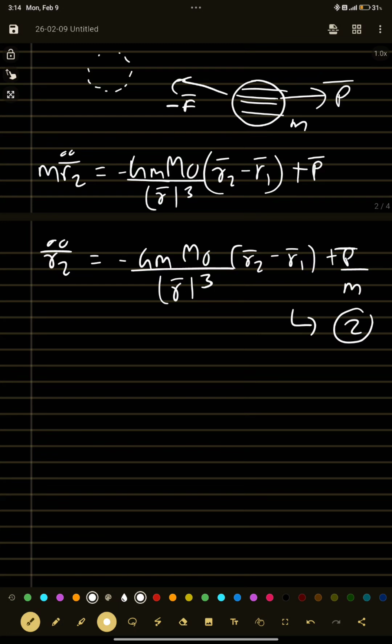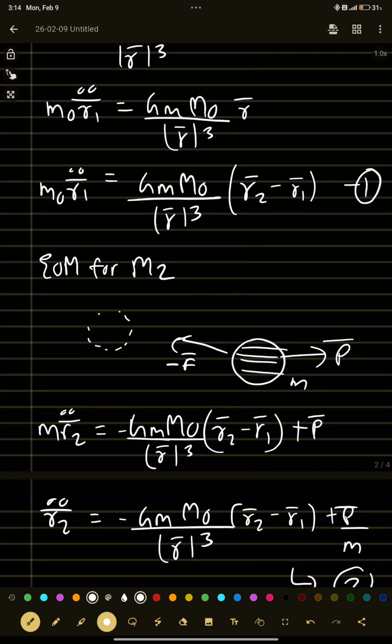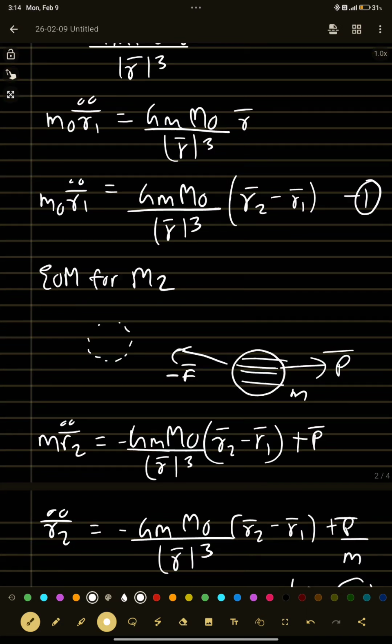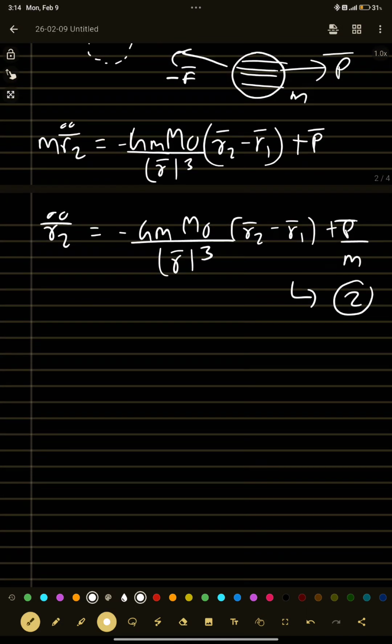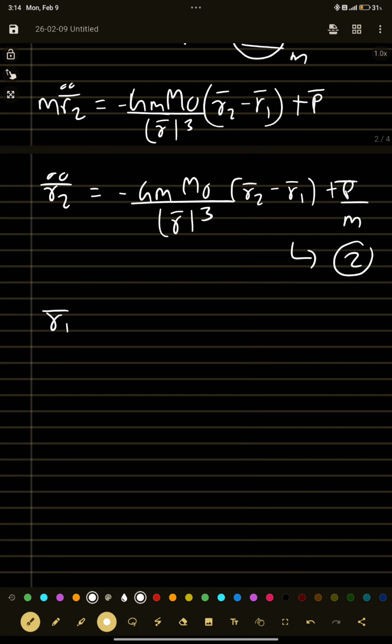You can further rearrange this 1 as R1 double dot equals GM. M naught cancels GM. That's correct.